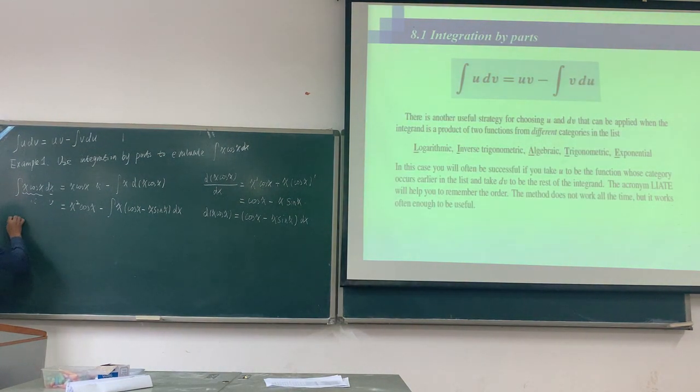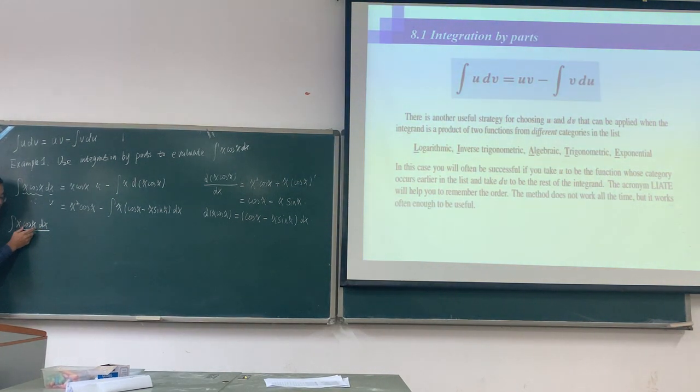Here, x times cosine x dx. If we see this part, cosine x dx, we see it as a function.